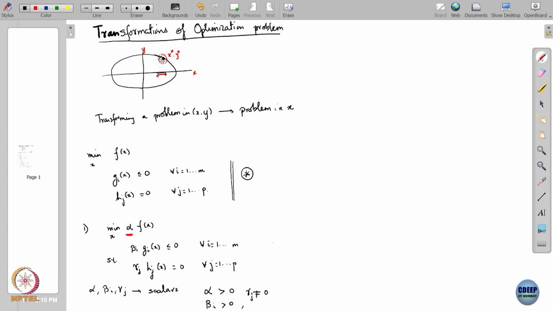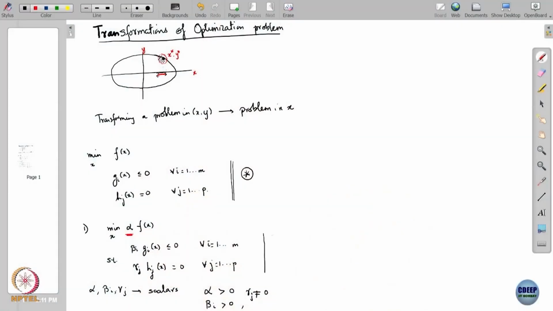Likewise, if there is any x that is feasible for optimization problem 1, it is also feasible for star. So, the search space, the x's over which you are searching, has not changed. The feasible regions of both optimization problems are the same. So, let me note this: they have the same feasible region.